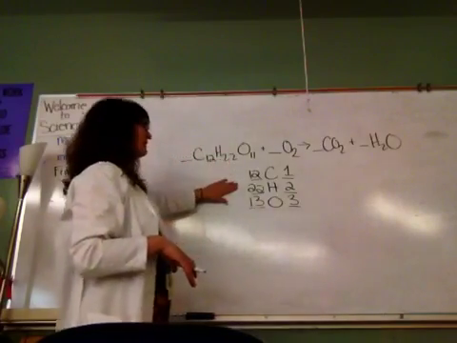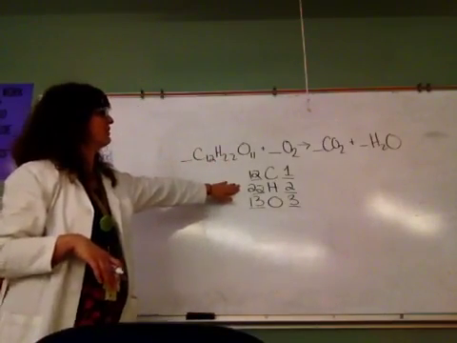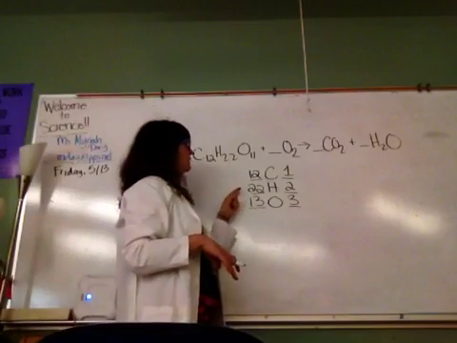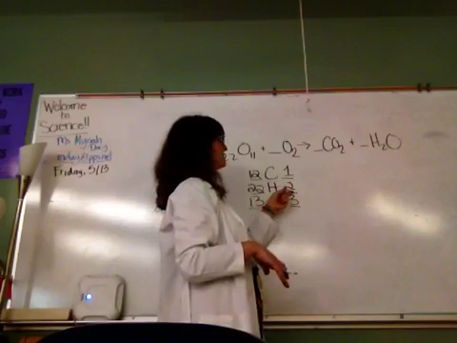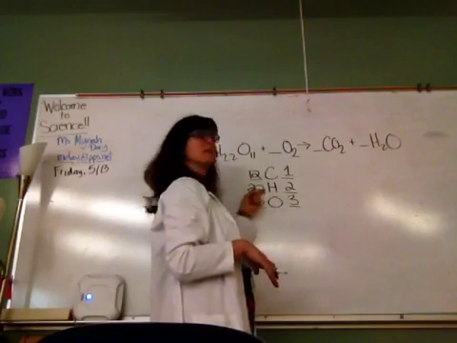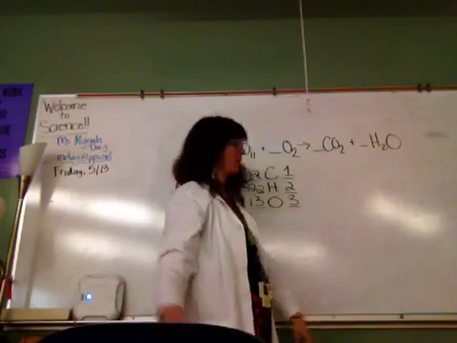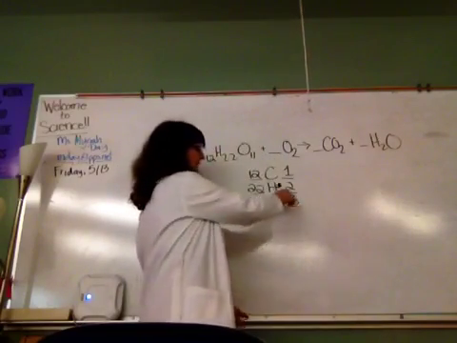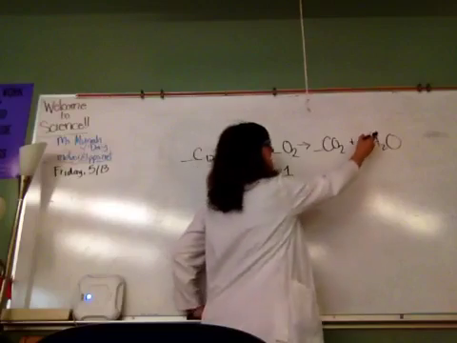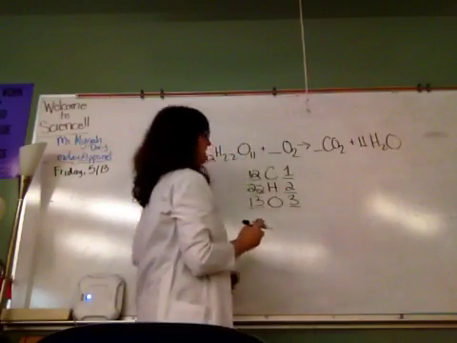So I'm going to look at hydrogen, because I know 2 times what is 22? If you've already figured it out, it is 11. So we're going to put 11 in front of that one.